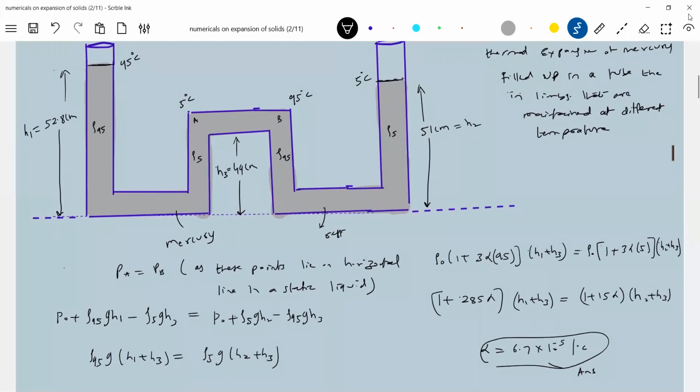Sir, it should be rho naught into 1 minus 3 alpha, no, sir? Negative sign, right? Yes, density should decrease, no? Yeah, okay, good. I'll put it in red color. Okay, density, yes, should. Okay, thank you, fine.